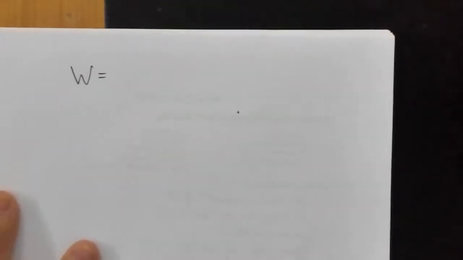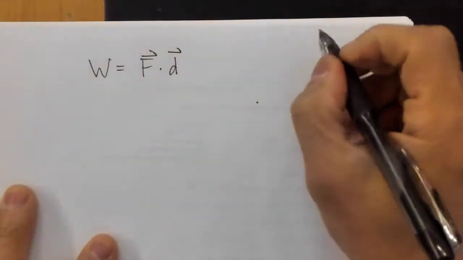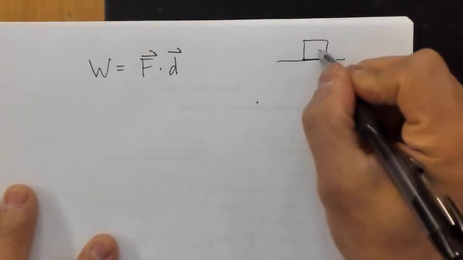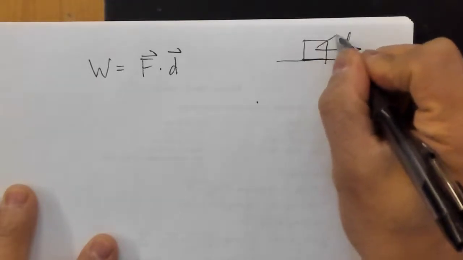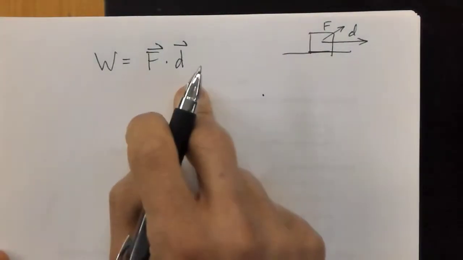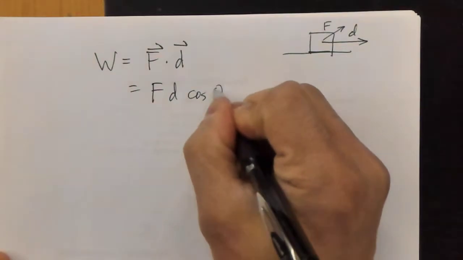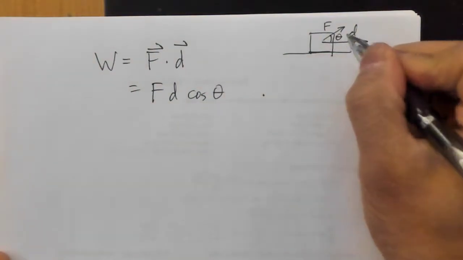If I have A dotted with B, let me just review that. I said the work done by the force F displaced by amount d, so if I have a block like this, with a displacement d, and a force F like that, the work done by the force F is F dot d. That's equal to F times d times the cosine of the angle between the two vectors.